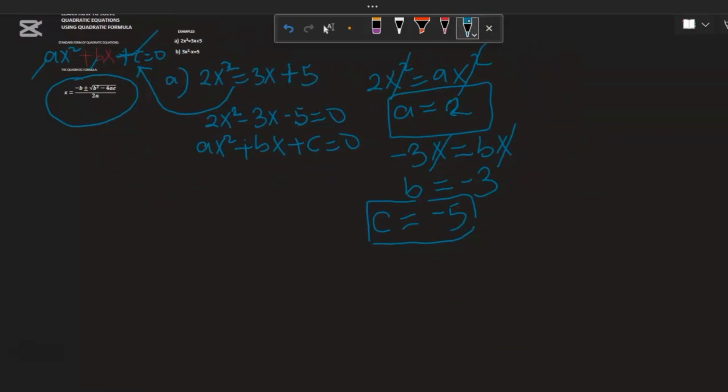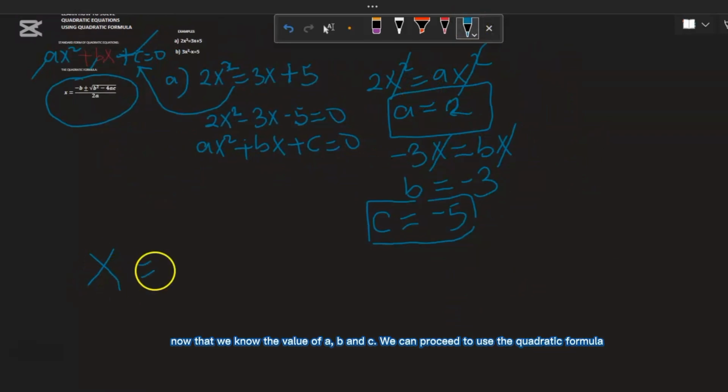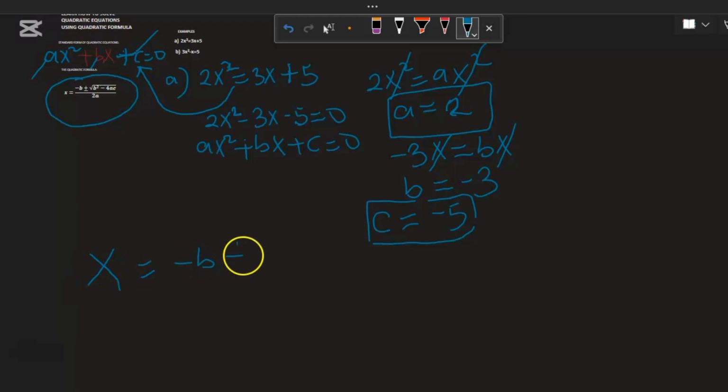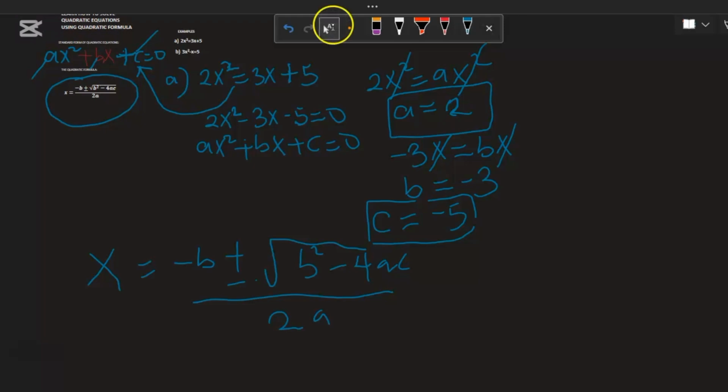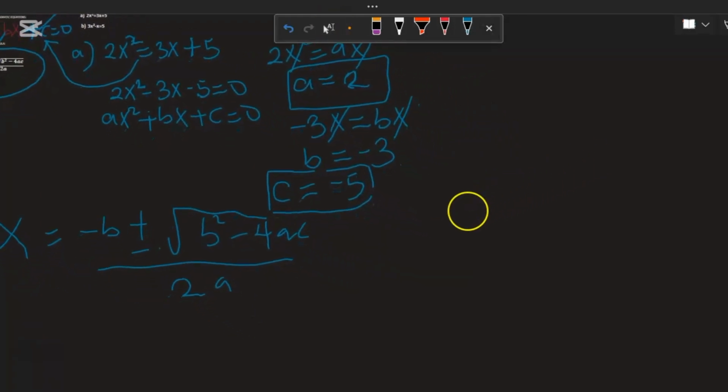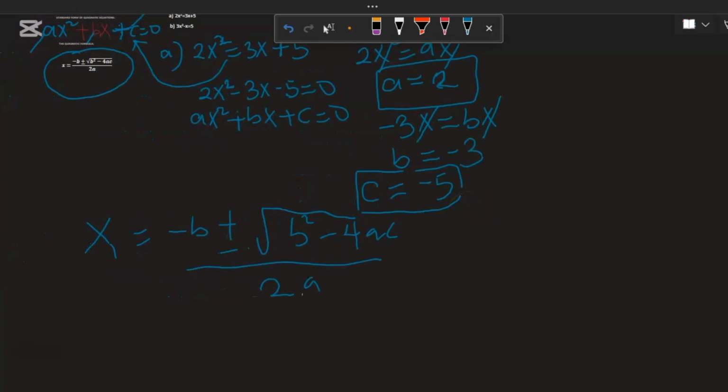The quadratic formula says x equals negative b plus or minus the square root of b squared minus 4ac, over 2a. Now, let's input the values. x equals negative b.